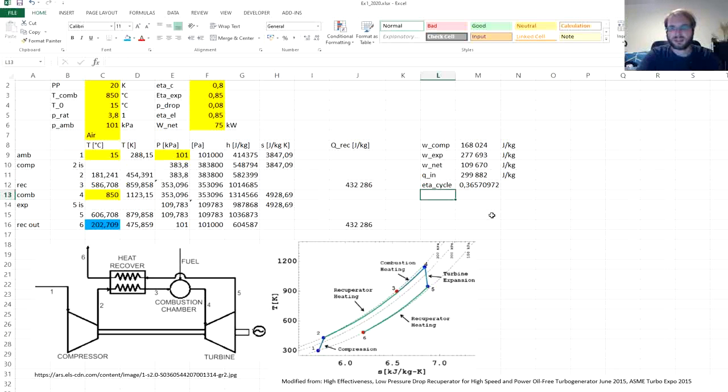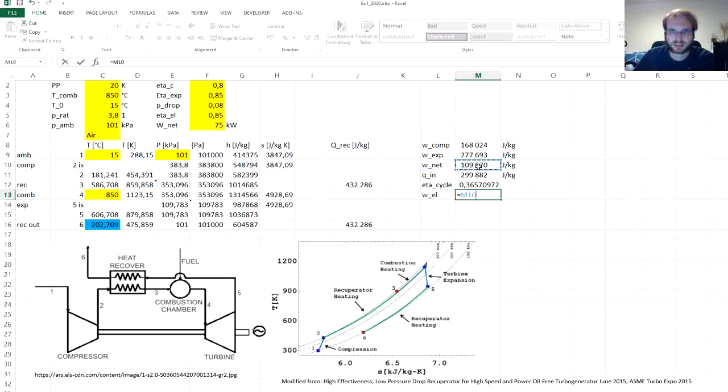Now we had some specified electrical efficiency of the generator and other electrical system. So what will be the electrical power output? It will be the net work of the cycle itself, multiplied by the electrical efficiency.